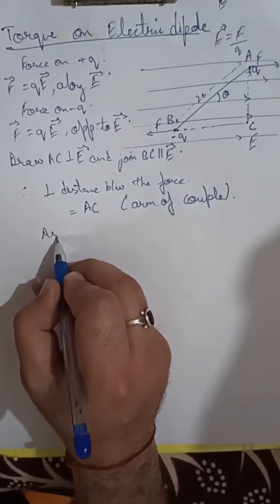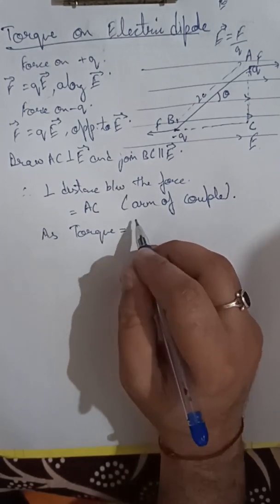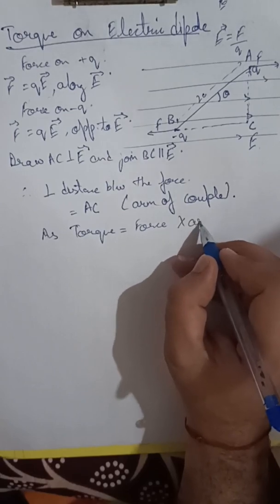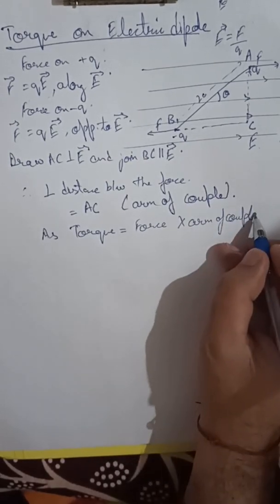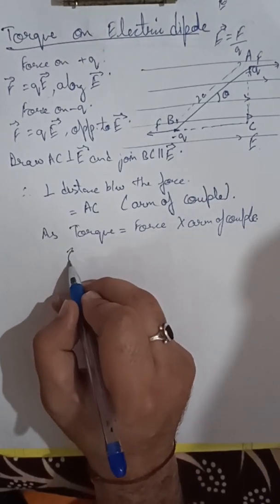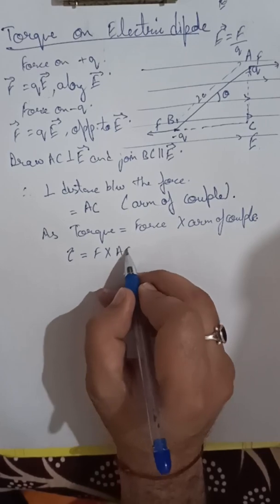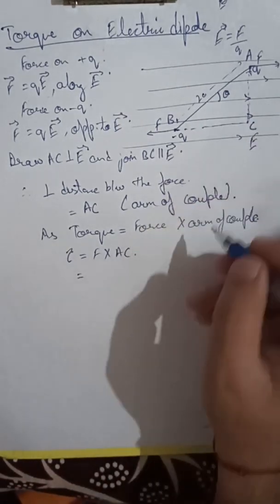As torque is equal to force into the arm of couple, or the perpendicular distance, therefore tau is equal to force into AC. So what is AC?